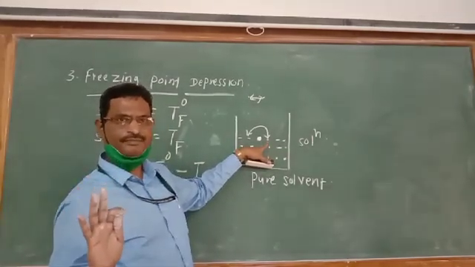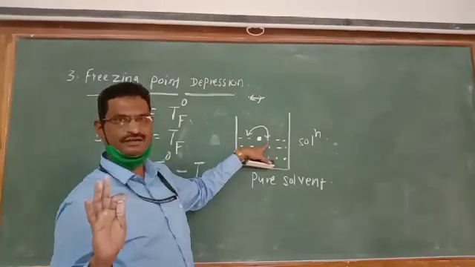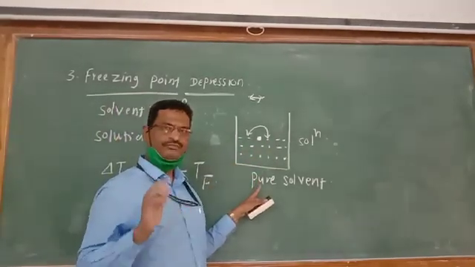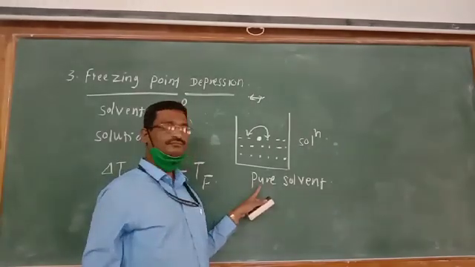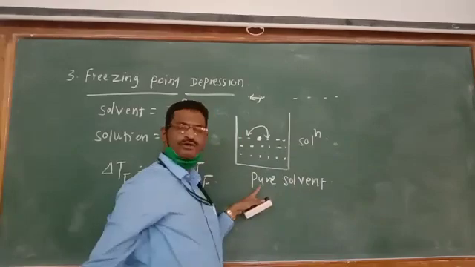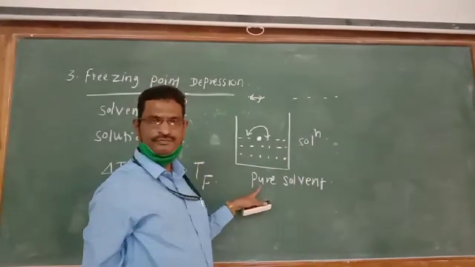That is why freezing point depression takes place. You got it? Why is the freezing point of pure solvent greater? Because in a pure solvent there are only solvent molecules, and those solvent molecules are close to each other.